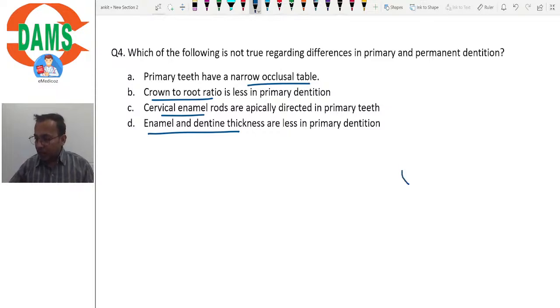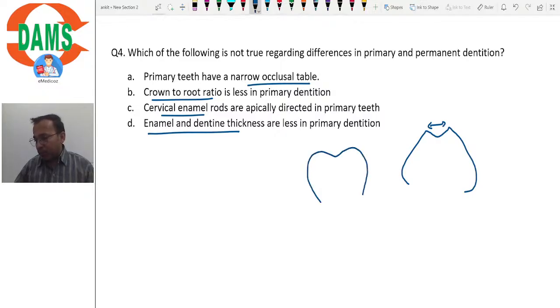According to option 1, let's say this is the primary tooth. You can see the occlusal table is very narrow. But when you compare it to the permanent tooth, you will realize that the occlusal table is quite wide in the permanent tooth, right? So option A is correct. Option B, crown to root ratio is less in primary dentition.